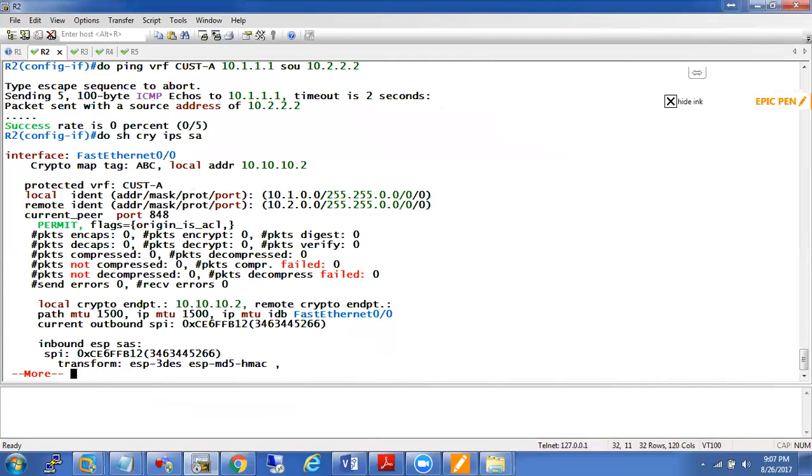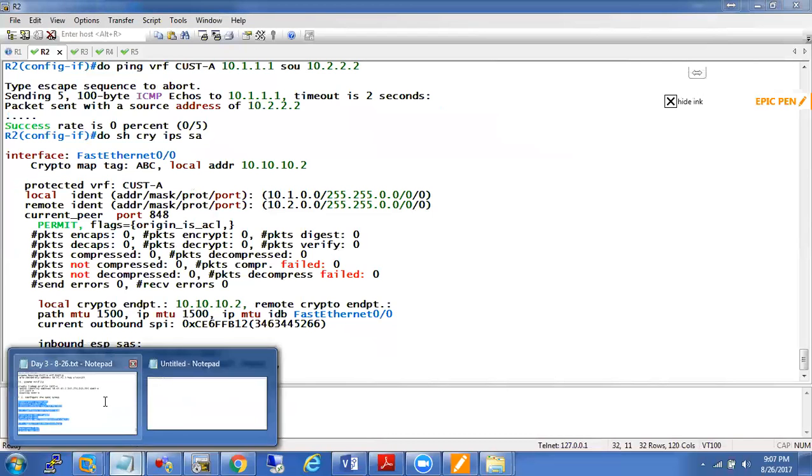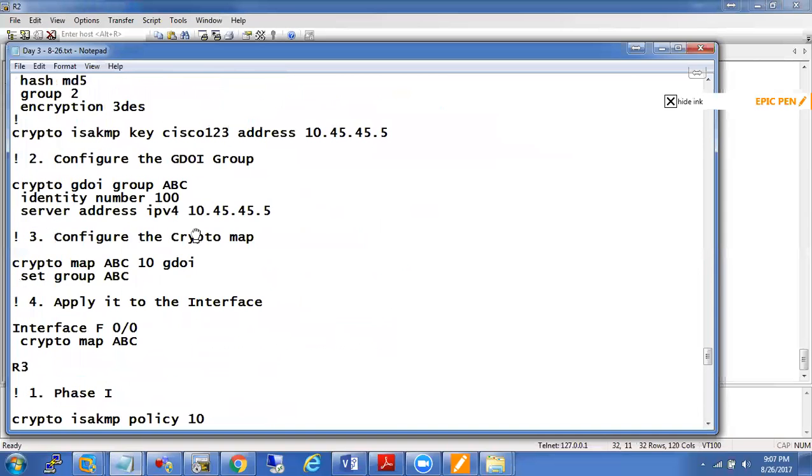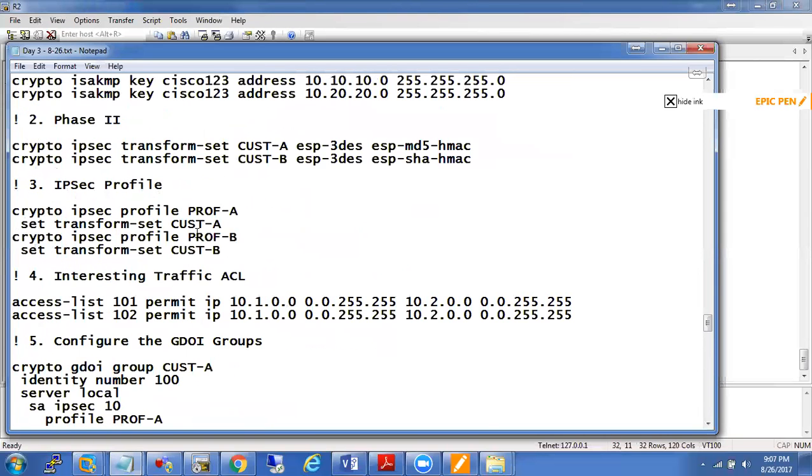So if I want to, I would then need to do the 10.2 to 10.1 as well. So my ACL needs to change over here. I'll just make it 10.0.0.0.